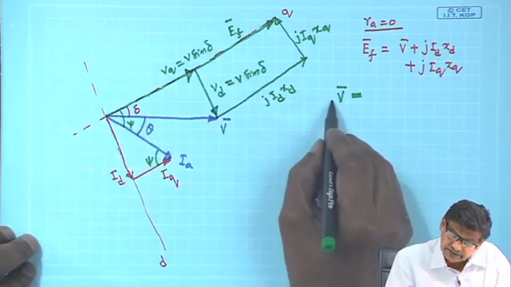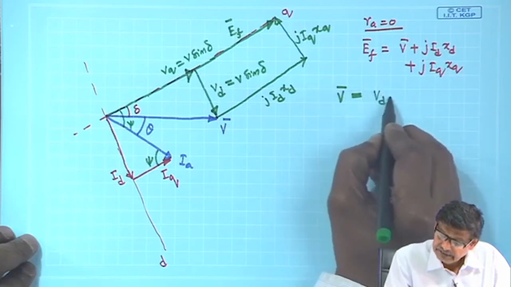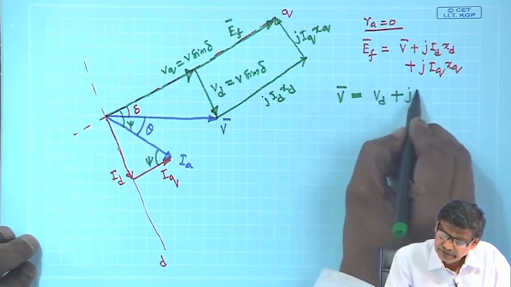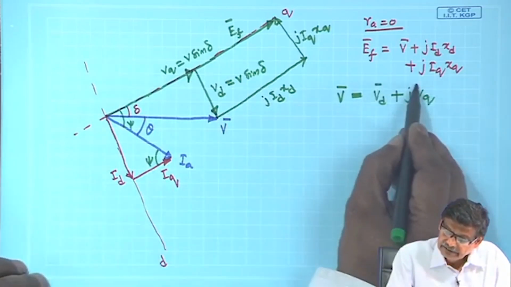What I am telling is, this V can be written as V_d plus j V_q. What else? This phasor plus this phasor.